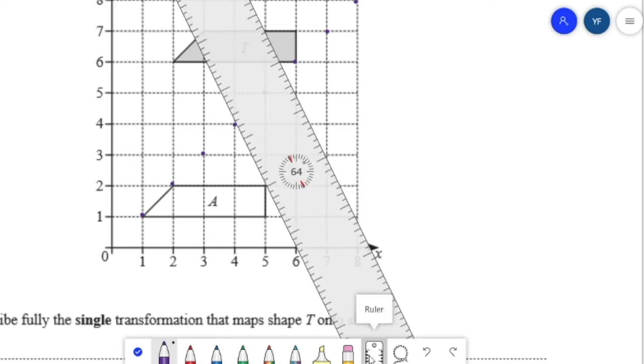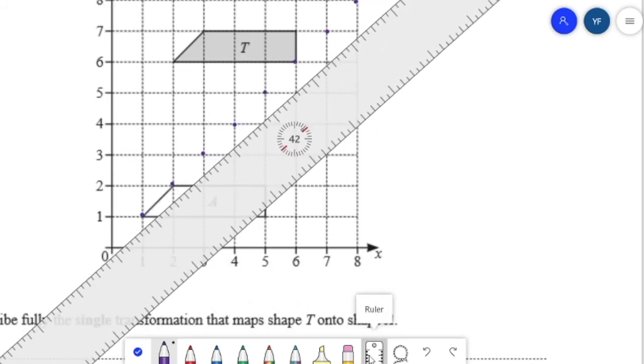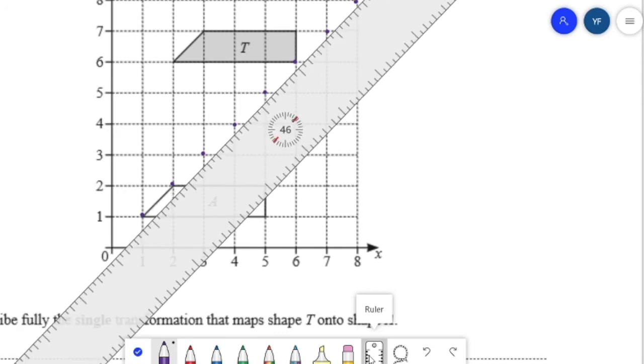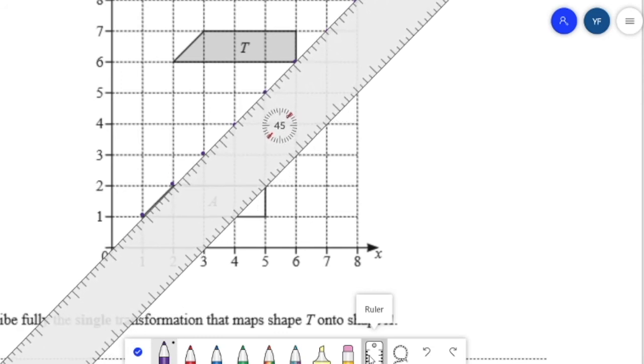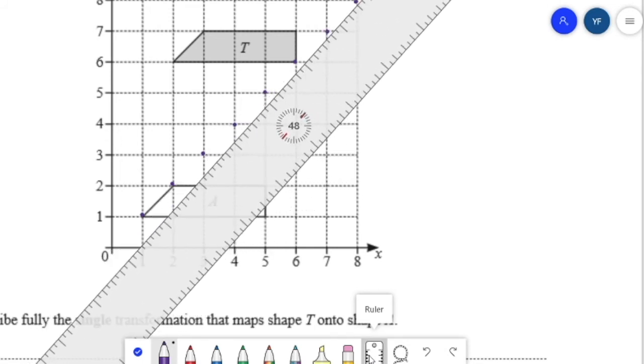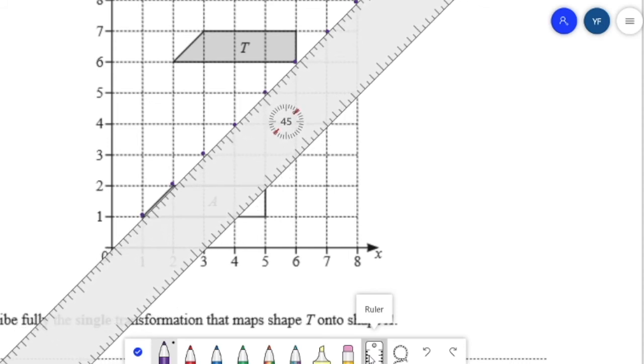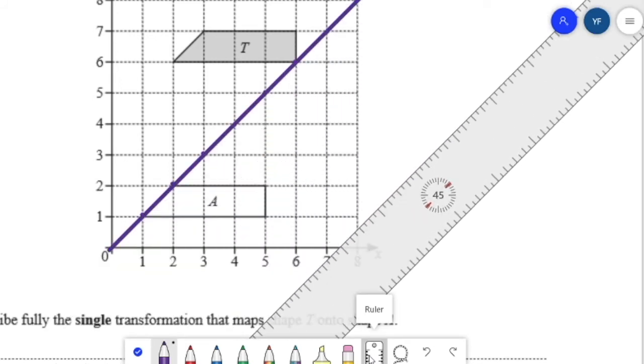I have my ruler here. Okay, so here we have our line y is equal to x.